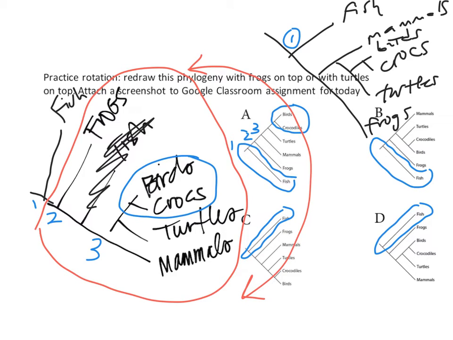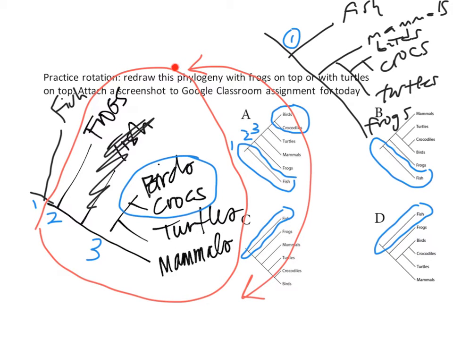So does what I've drawn in the upper right-hand corner have the same topology, structure of branches, as the rest? We have birds and crocodiles being the most closely related taxa. Then they share a common ancestor with turtles, then with mammals, then with frogs, then with fish.